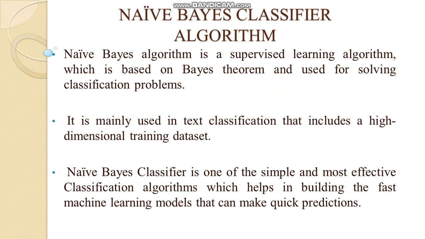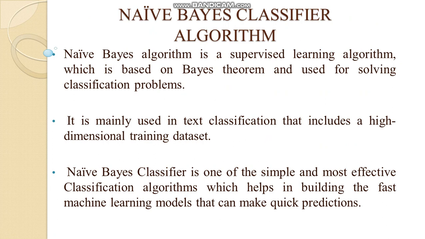Naive Bayes algorithm is a supervised learning algorithm which is based on Bayes' theorem and used for solving classification problems. It is mainly used in text classification that includes a high dimensional training dataset.